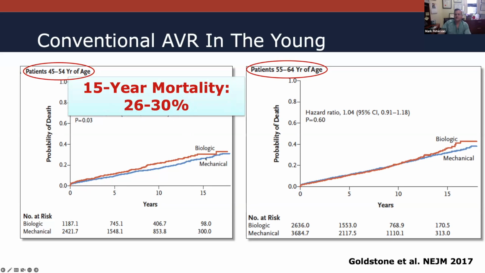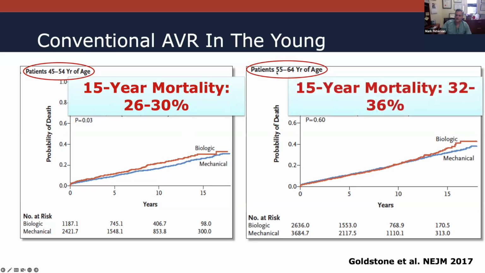That's horrendous for young, otherwise healthy patients. In the age group of 55 to 64, same signal, that at 15 years, the mortality was 32 to 36%. That is not the normal adjusted survival for a population of this age if you match it to the sex and age matched population.